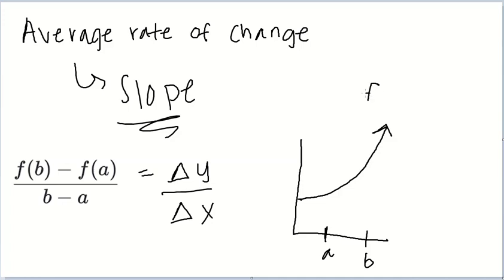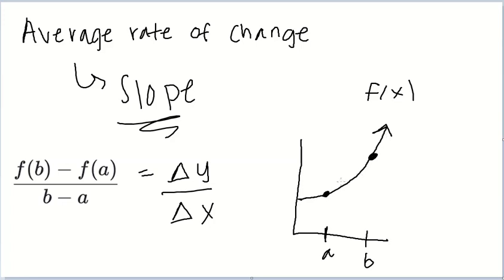So if this was my function f of x, and I wanted to know what the average rate of change was of this function, I'd ask, what's the average rate of change between the x value of A and the x value of B? So an average rate of change is saying, look, I know that this is a curvy function, and if it's not linear, then that means the slope is going to be different at every single point on this function.